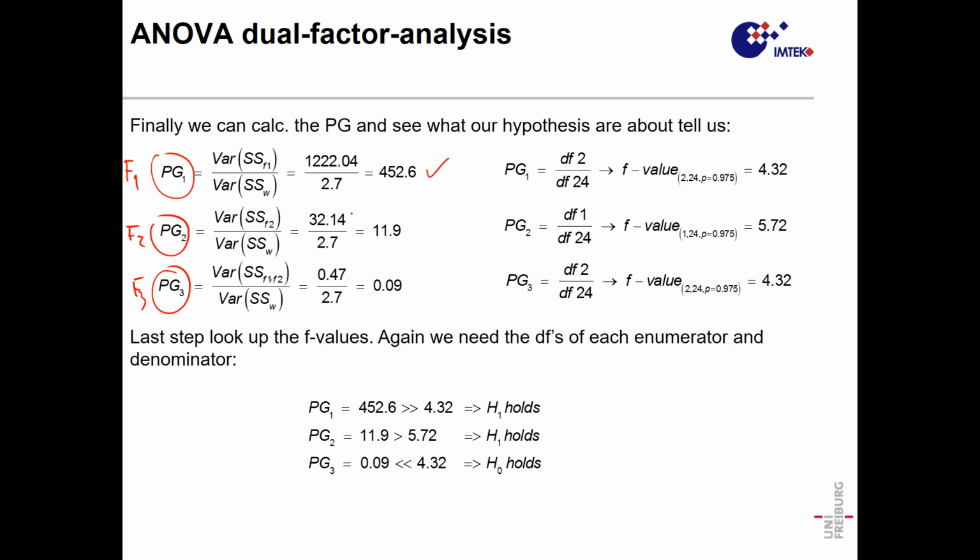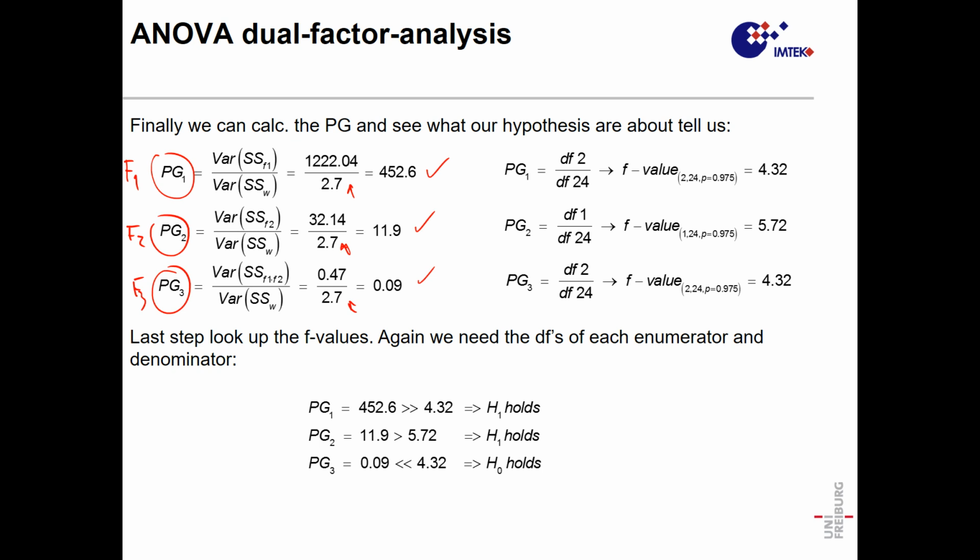For factor 2 it is variance of factor 2 divided by the variance within, 11.9. Interaction, variance of interaction divided by variance of the within, 0.09. You notice that we always use within, right? Because you always have to compare to the same value. So again, you can see that the values are quite different.